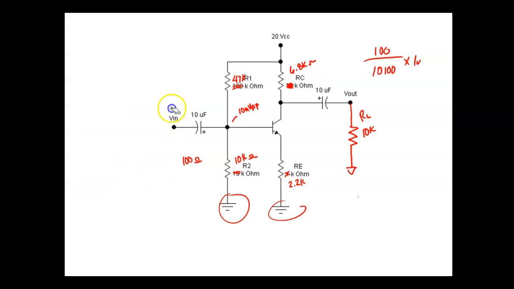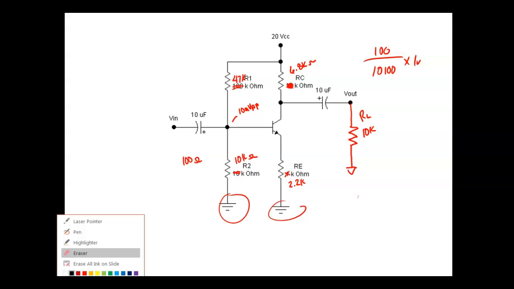How can I set any voltage I want over there? Use a pot. Good. Great, guys. So instead of using the fixed voltage divider, I'm going to use a variable voltage divider, and I can get whatever voltage I want.